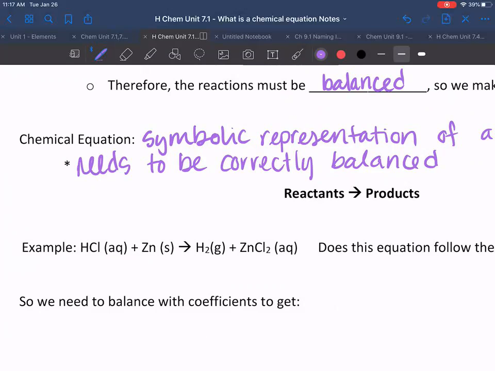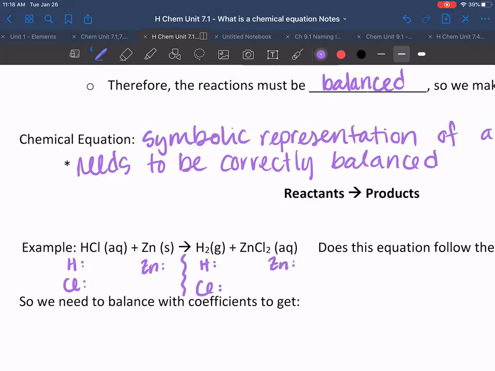So I'll show you how I would start to figure out, and this is going to lead into balancing. I like to draw a squiggly line down from my arrow. The reason being is it helps separate my reactants from my products because we have to make sure they match up. Then for each element type, I'm going to keep kind of a tally. So we have hydrogen, chlorine, and zinc. So I'm going to add those tallies on both sides.